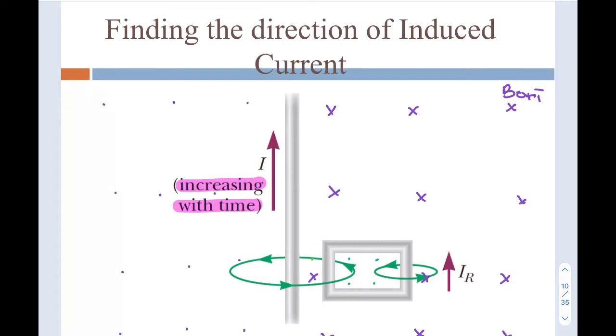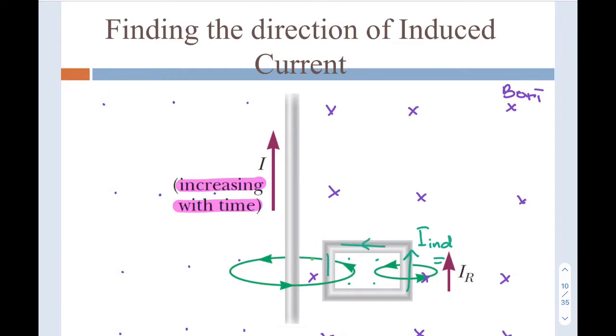So if you use Grab's rule at this section, to have B which is out of the page, you are going to have current flowing up like this, isn't it, at this section? So the current flowing up, this is I induced, or IR here, the same thing as this, right?